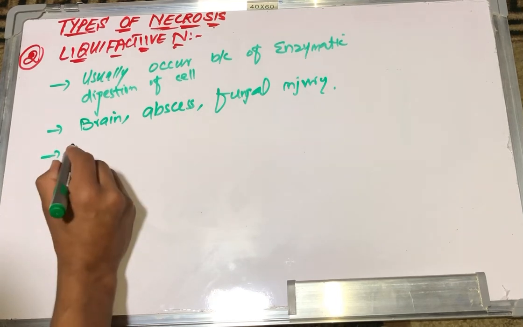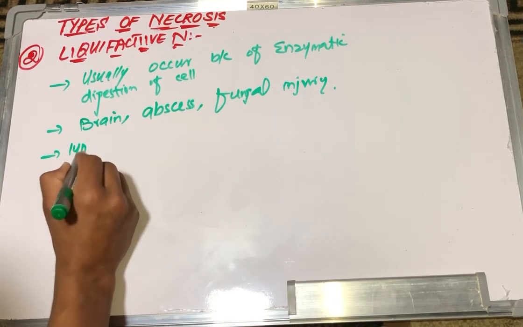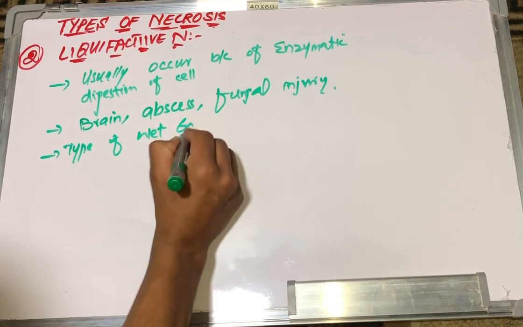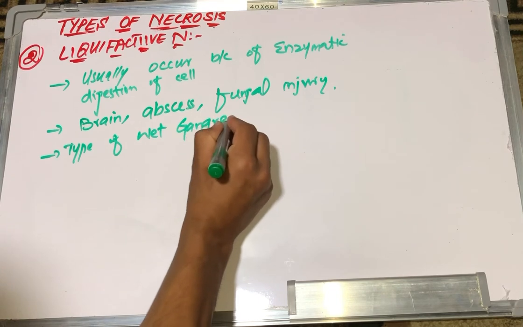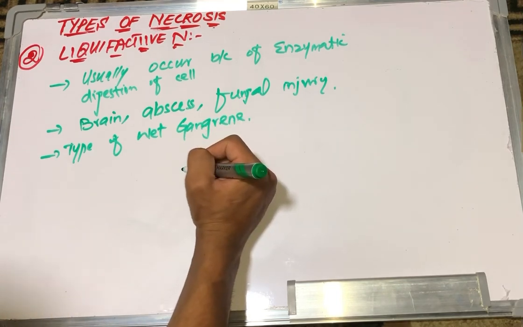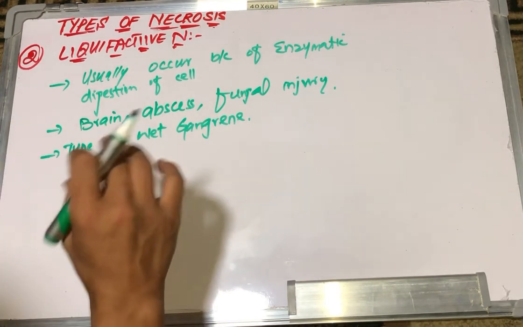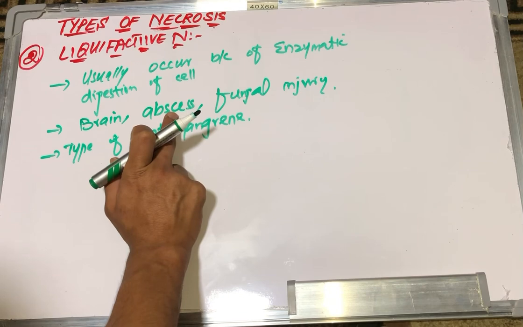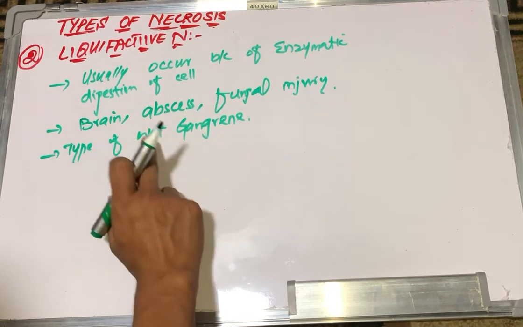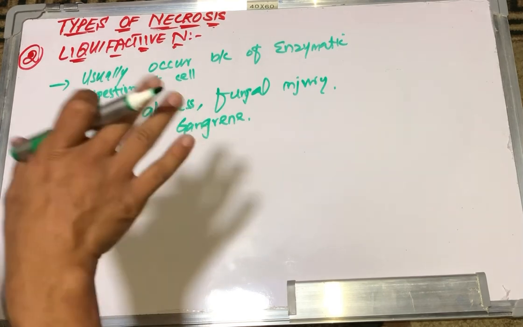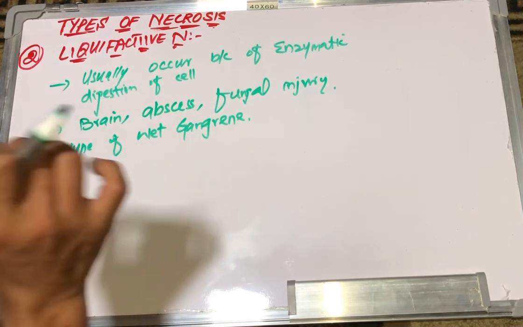Liquefactive necrosis is a type of wet gangrene, because in an abscess liquefactive necrosis occurs. We call it wet necrosis because inside the abscess we have pus, and pus looks like a liquid.